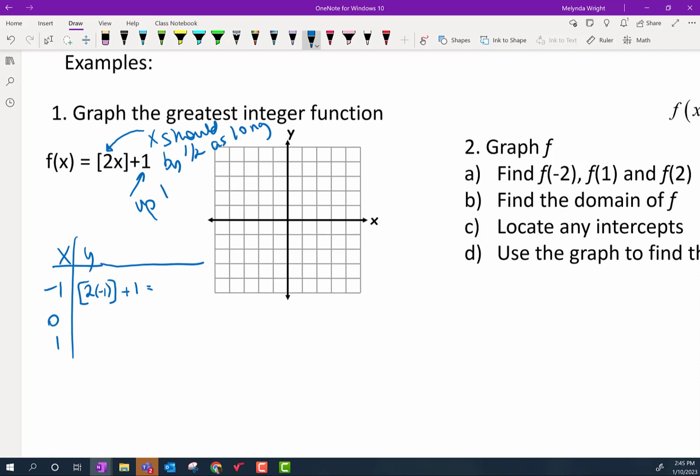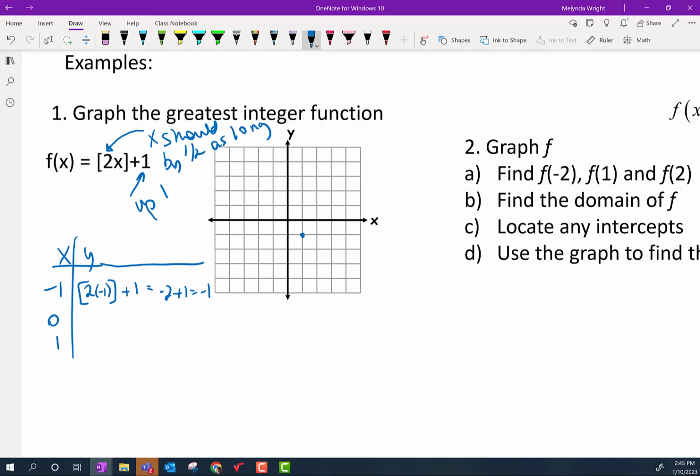If an integer goes into the greatest integer function, an integer comes out, so really nothing happens to it. So that's -2 plus 1, which is -1. So -1, -1. There's a solid point right there.